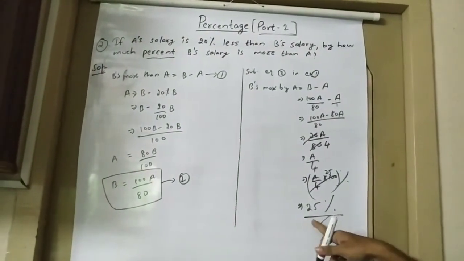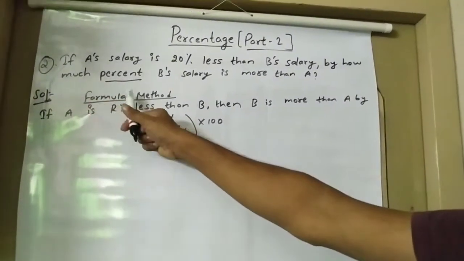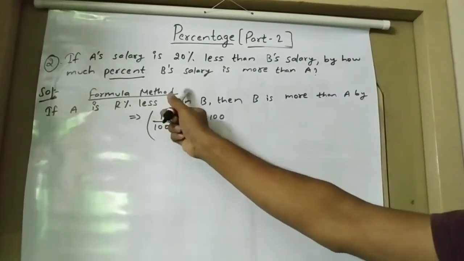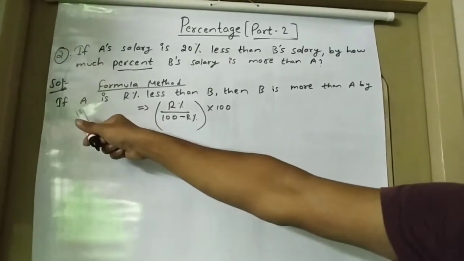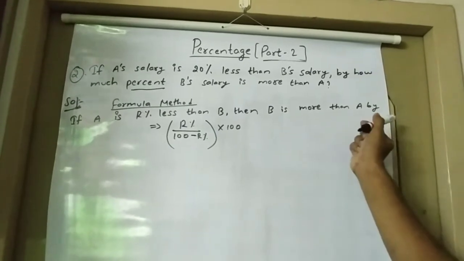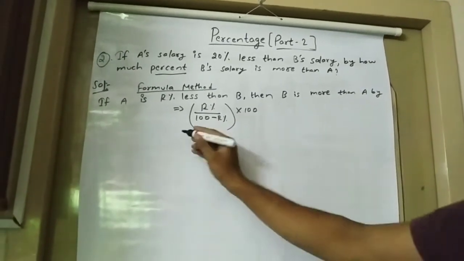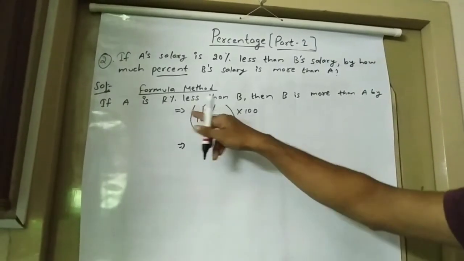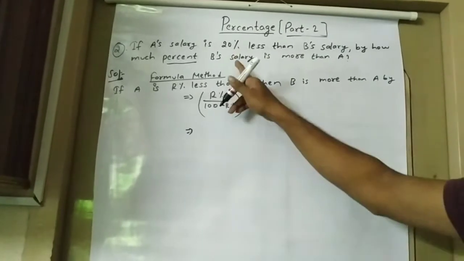Okay. So for the same question, we can also solve it by the formula method, means we can directly use one formula. There is one formula: if A is R% less than B, then B is more than A by R% by (100 minus R%) into 100. In this question, they have given A's salary is 20% less than B, so R is 20%.